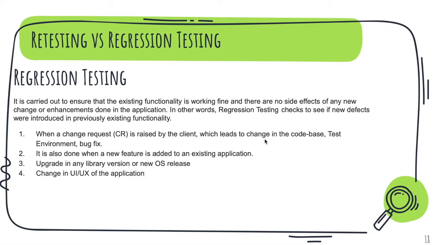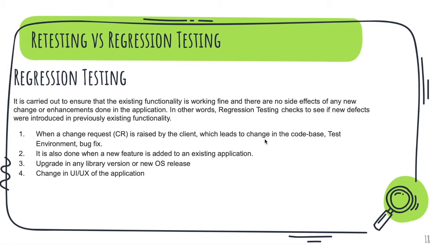Also, regression testing is done if we are upgrading to a new version of any library or a new OS release is coming. So for example, if I am working on XYZ version of Node.js and there is a new version of Node.js in the market, XYZ plus one, then I need to do whole regression on the application so that I make sure there is no breakage because of any change in the libraries.